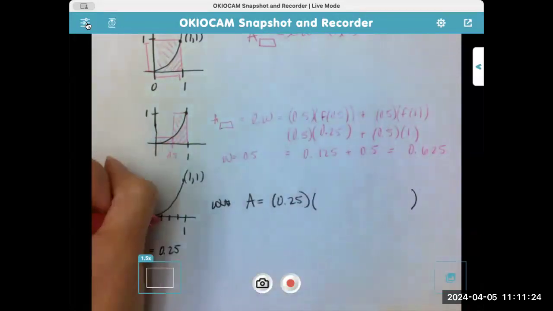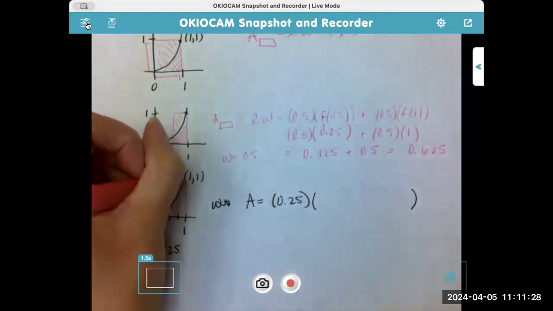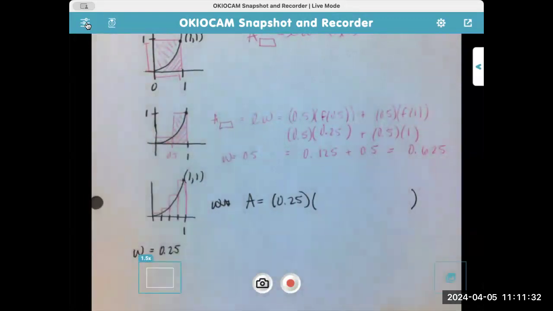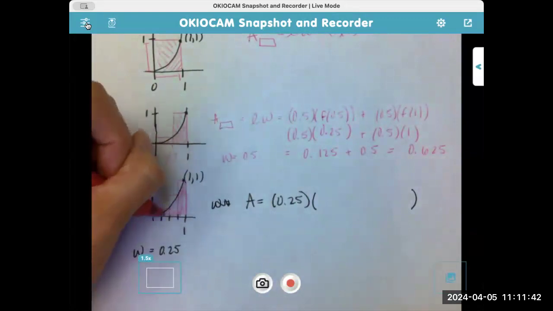Let's just keep with the right hand so that we can compare apples to apples. Notice here we have less overage, even less overage of what we want. So the more rectangles, as you can imagine, the better the estimation is.